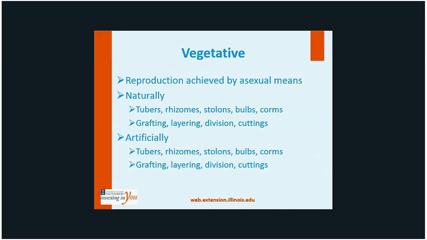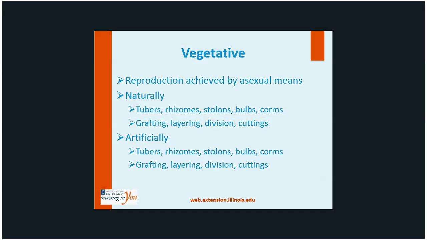Now why would we want to do this? Why go through all the trouble to grow things vegetatively when you can grow things by seed? Well, like we said, we have that uniformity. If I was growing a red tulip, for example, and I had a bright red, medium-sized tulip, and I wanted to get bright red tulips of that medium size consistently, if I was harvesting seed, I would get diversity.